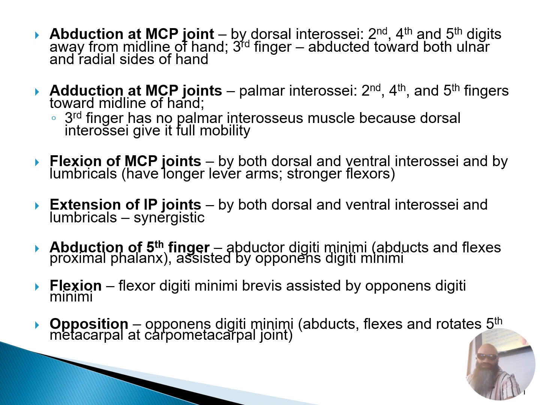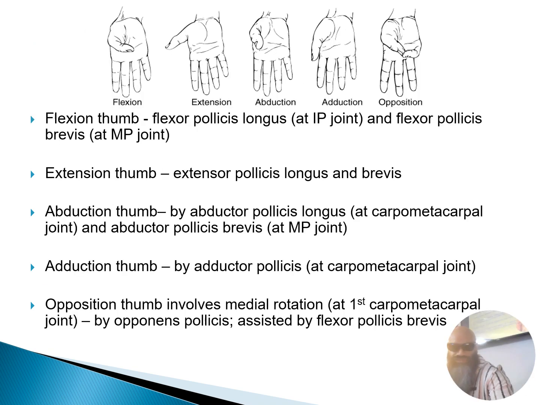This is just definitions of what occurs at each joint with the muscles, but since I'm not going to have you learn these right now, go from there. This is some more motions that we just discussed.